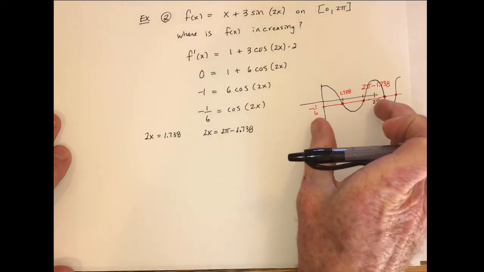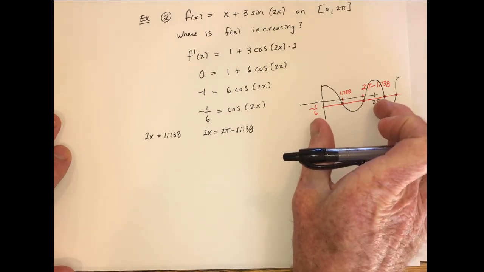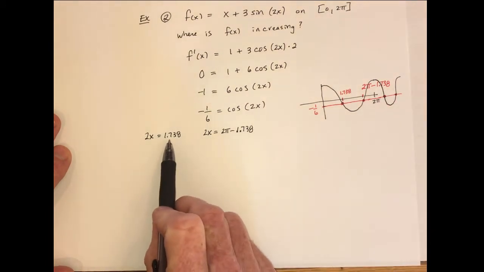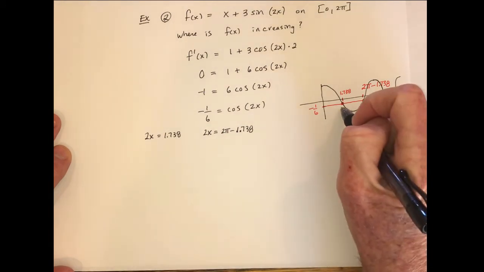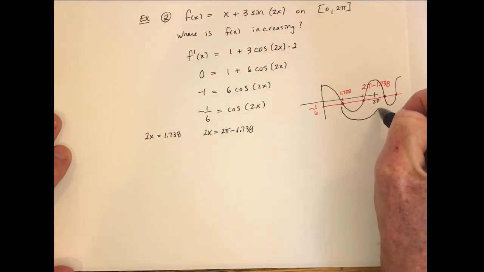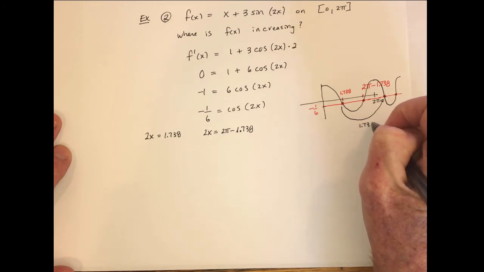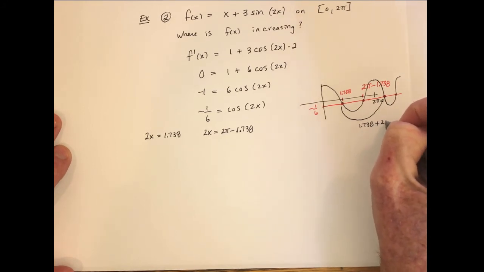Well, because the period of cosine is 2 pi, that means when I added on this second cycle, I added on another 2 pi. So just take this answer and add on another 2 pi. So going from here to there is going to be 1.738 plus 2 pi.